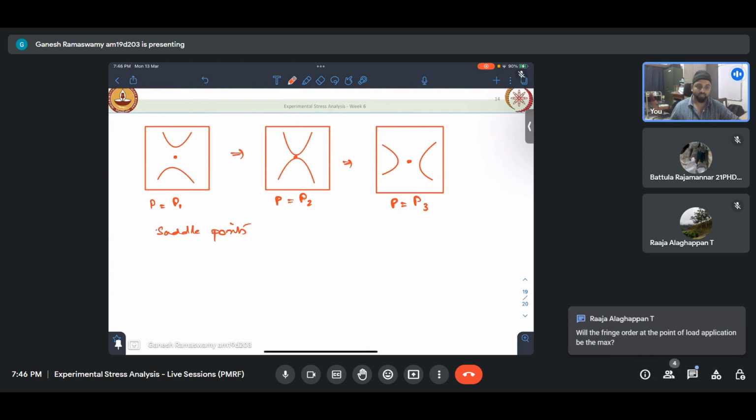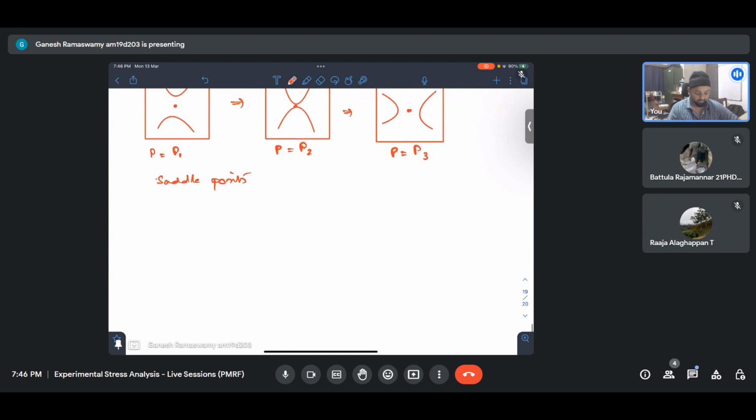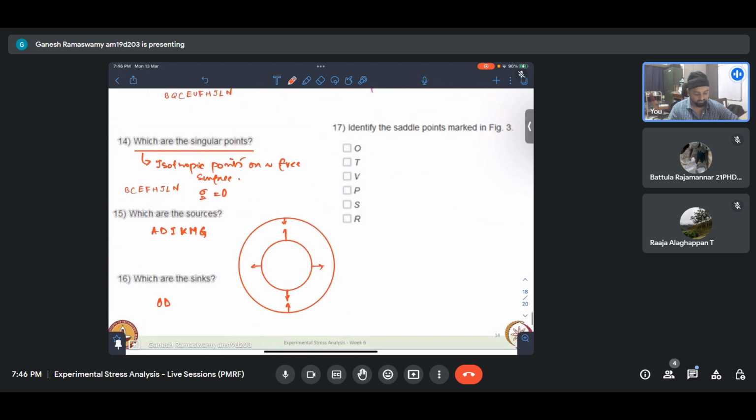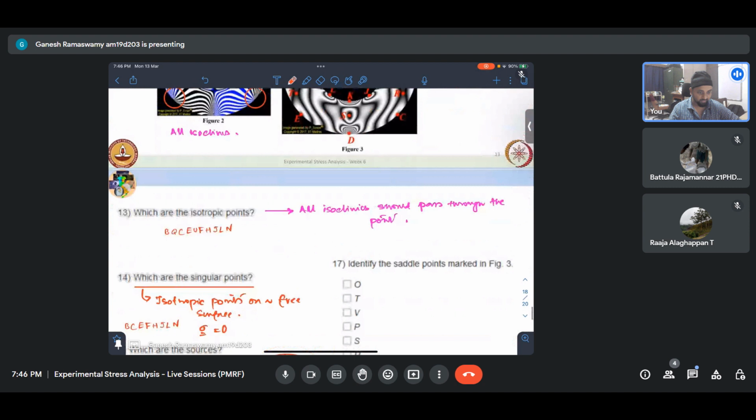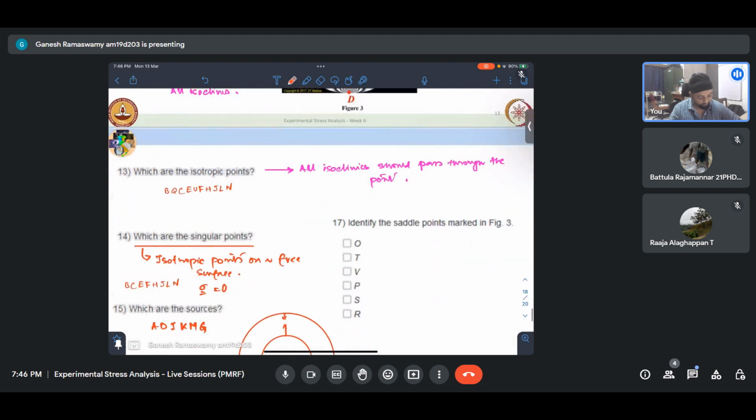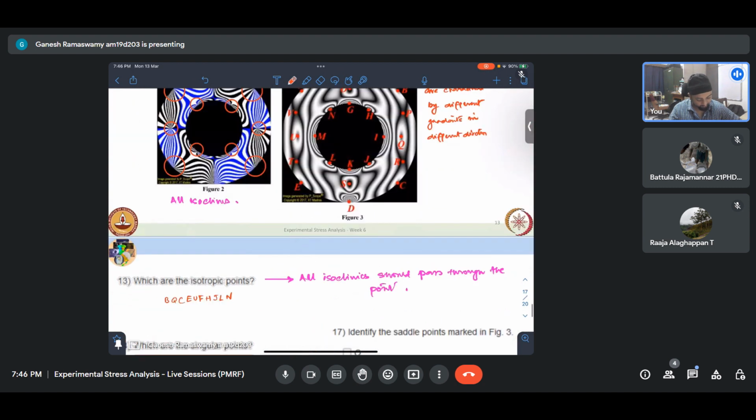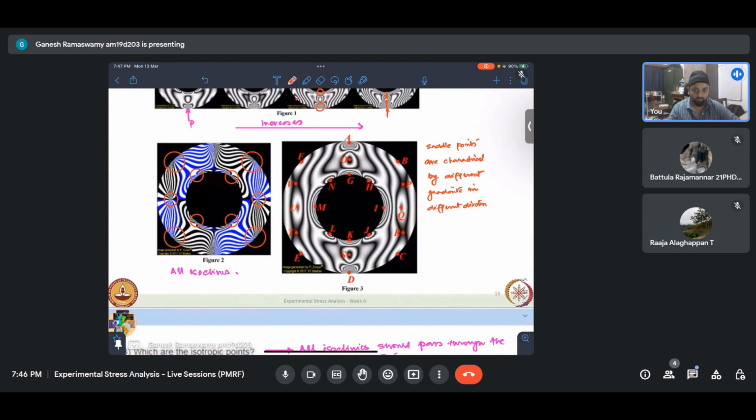Fringe order at the load application point. Will the fringe order at the point of load application be the maximum? Yeah, I'll just come to that. It's an interesting question. I'll elaborate a little bit on that. So first, if we were to identify the saddle points, you would see that there will be many saddle points here, but a couple of them have been identified already.